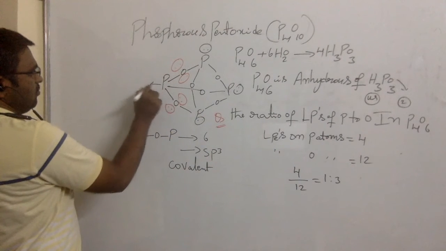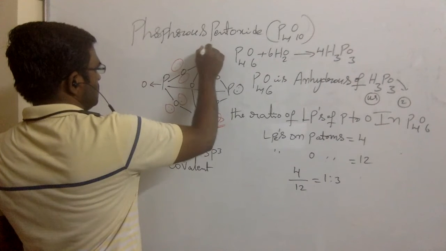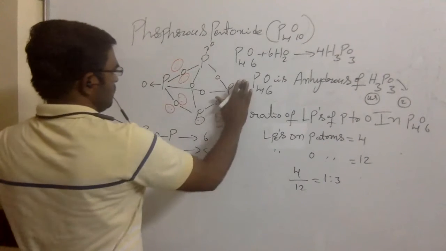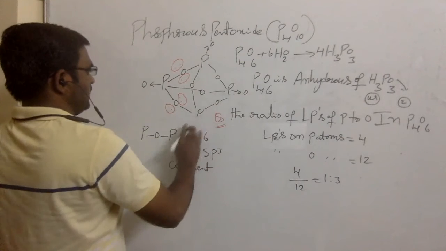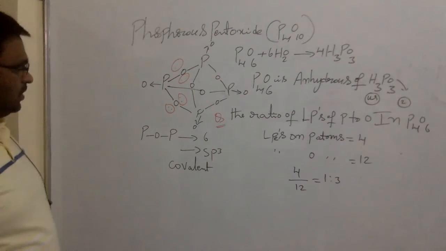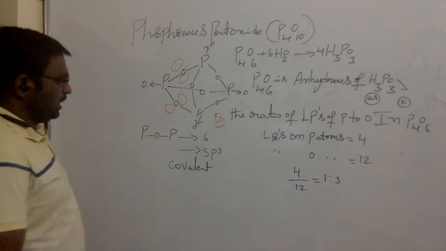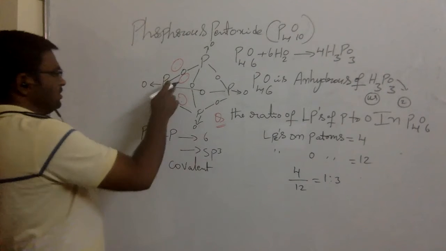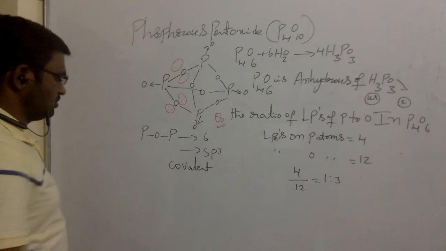One coordinate covalent bond or double bond is there. So this is the structure of phosphorus pentoxide. Here also P-O-P bonds are 6. Hybridization is also sp3, with 3 covalent bonds and one coordinate covalent bond or dative bond.